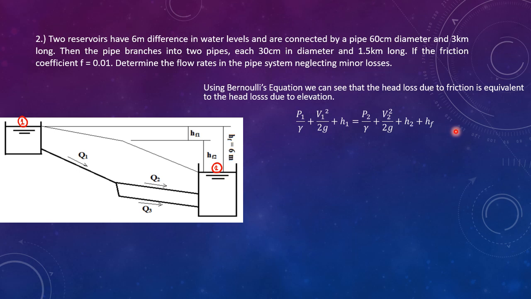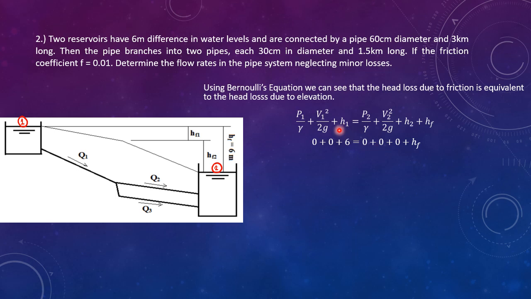Substituting the values, since both reservoirs 1 and 2 are open to the atmosphere, both their pressures and velocities are equal to 0.